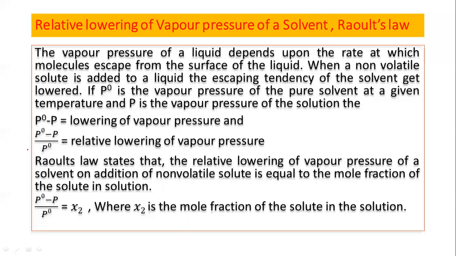The difference between these two, P0 minus P, is called the lowering of the vapor pressure, and relative to the vapor pressure of the pure liquid, P0 minus P upon P0 is called the relative lowering of vapor pressure.